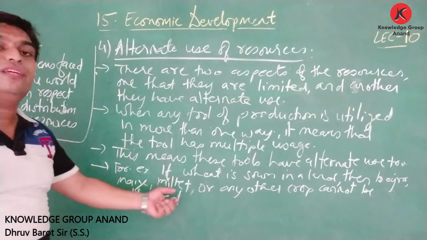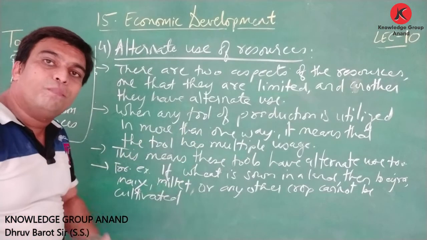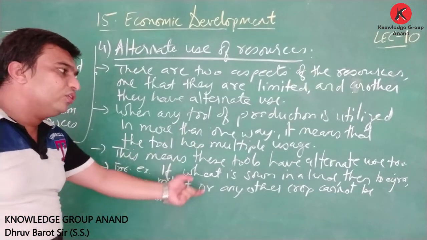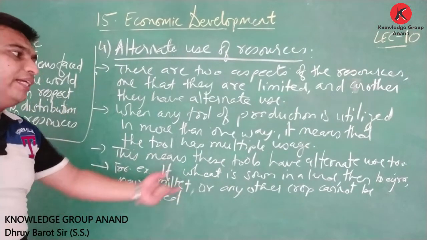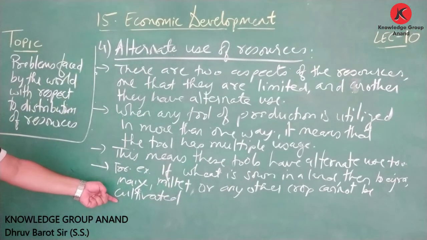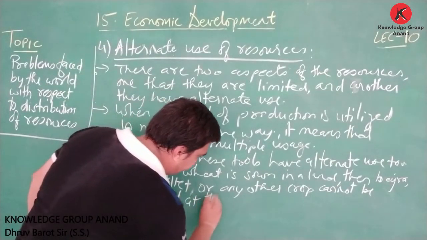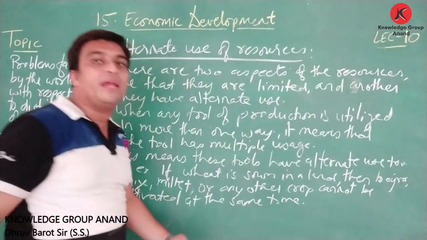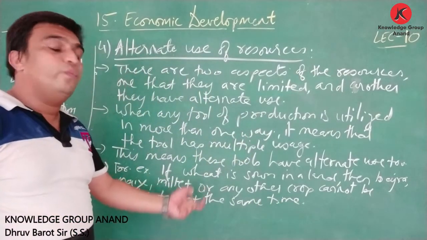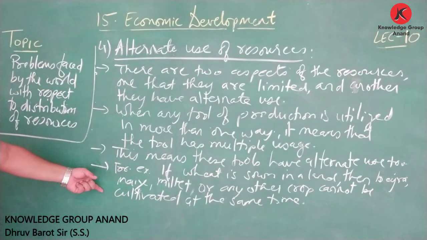That means if wheat is already sown in a land, then wheat has already occupied the land, and bajra, maize, millet or any other crops cannot be cultivated on the same land at the same time. Wheat is already sown, so we cannot cultivate millet, maize or bajra or any other crop.